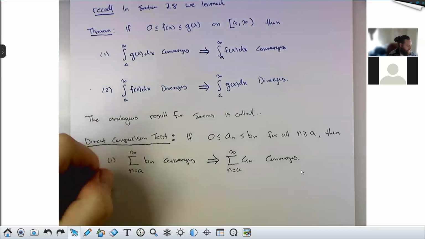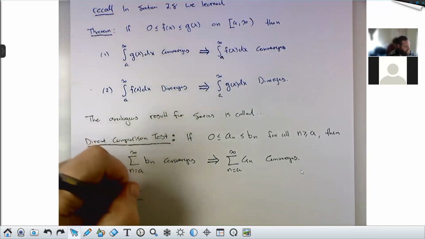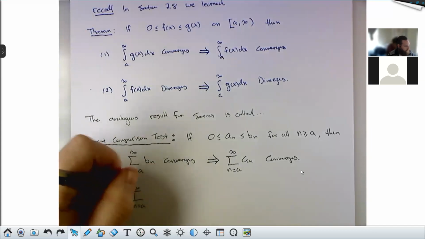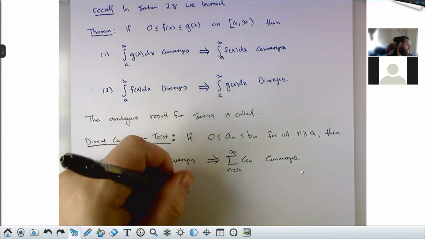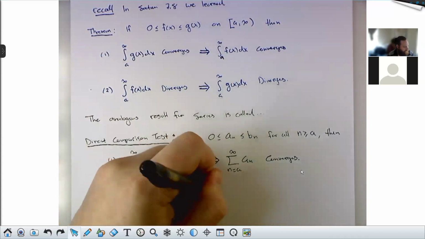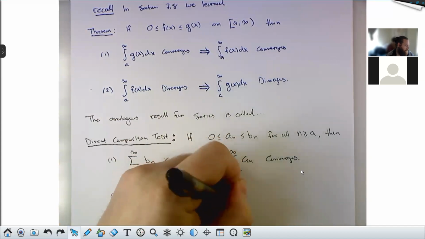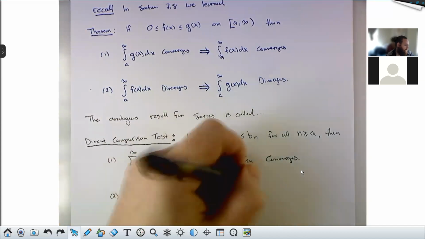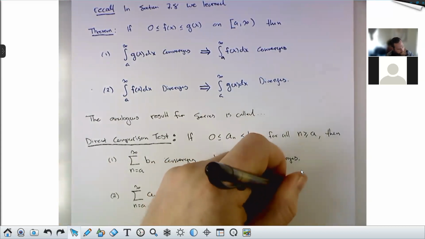And if the sum from a to infinity of the an diverges, that implies that the sum from a to infinity of the bn diverges.